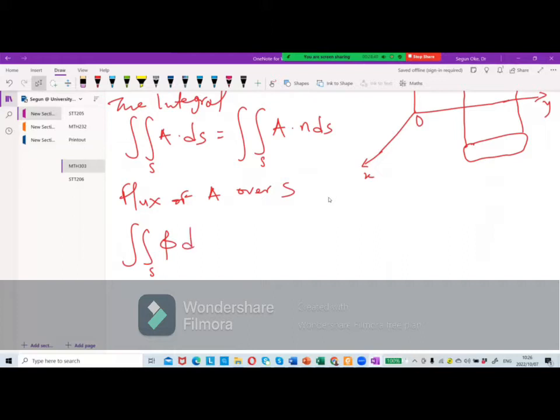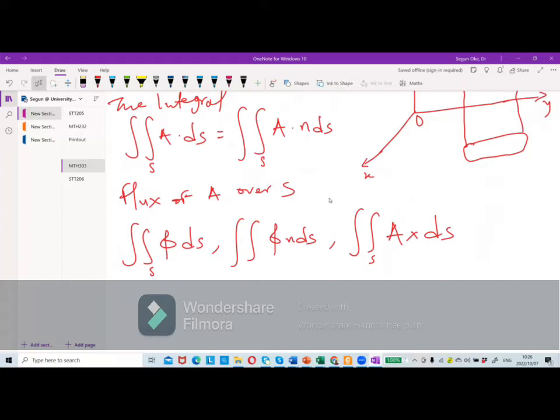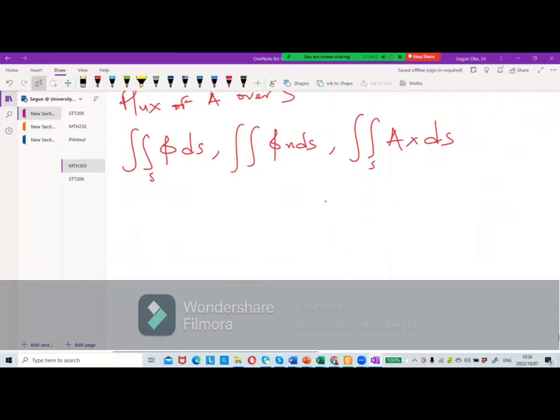We can also have it represented in this form: phi dS, which leads to phi n dS, and also we can have the surface integral of A cross dS. We can also have the closed integral in this format. This sign is too big, let me reduce it a bit. This particular sign also means the closed integral.